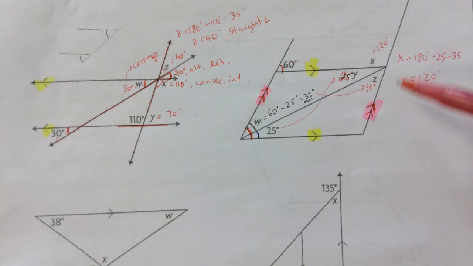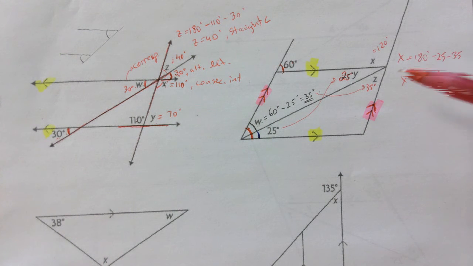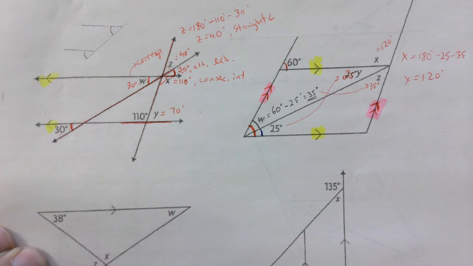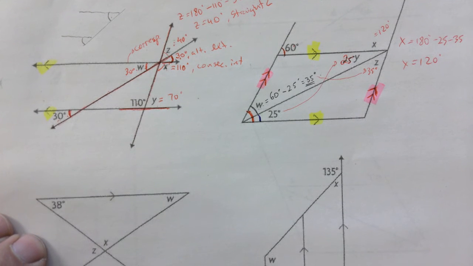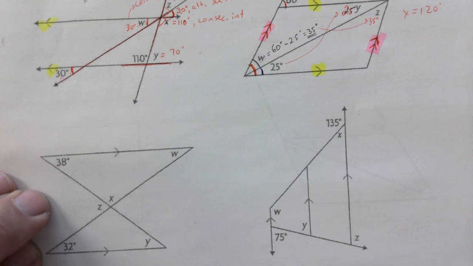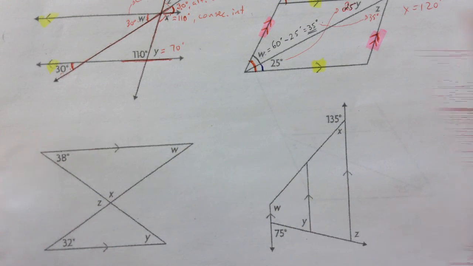Okay, so this goes on for quite a number of diagrams that I've provided you with. And so you have a choice, okay? Do you want to go through this and do your rough copy of how you found everything?